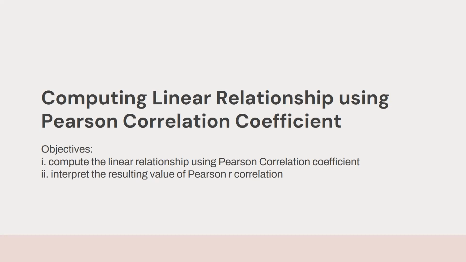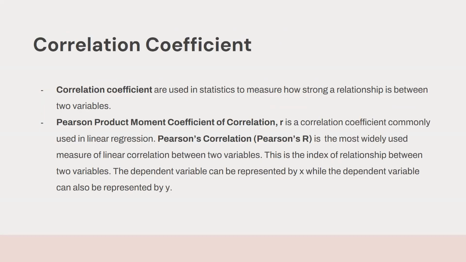Next, we have computing linear relationship using Pearson R correlation coefficient. So, correlation coefficient are used in statistics to measure how strong a relationship is between two variables. So, ginagamit ang correlation coefficient kapag pinag-aaralan ang relationship between two variables.